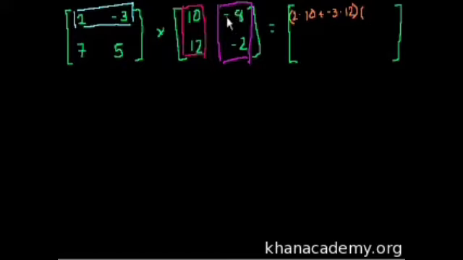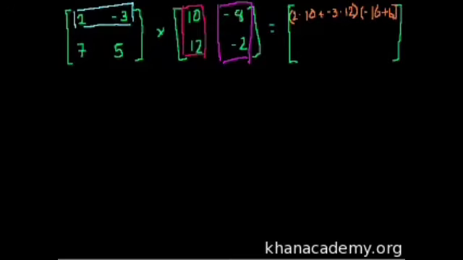Let me just write out the number. 2 times minus 8 is minus 16. Plus minus 3 times minus 2. What's minus 3 times minus 2? That is plus 6. So that's in row 1, column 2. It's minus 16 plus 6.